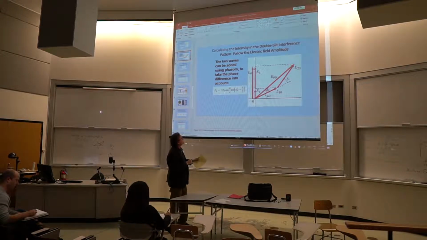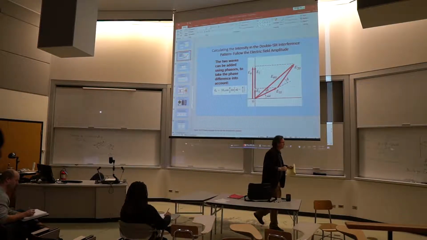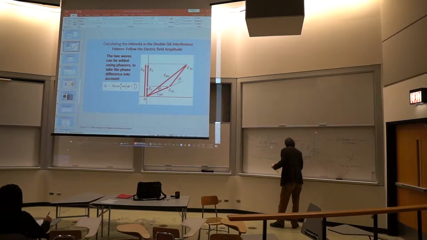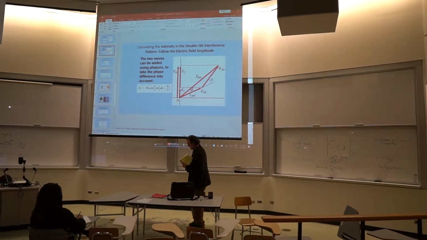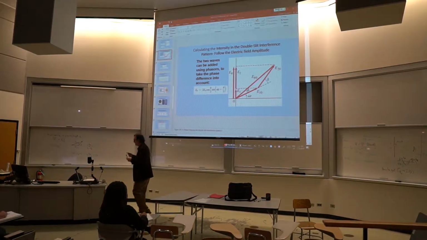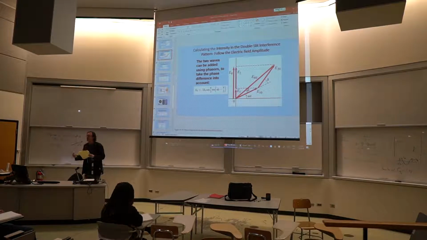What is relevant is that there are two equal length vectors that differ by an angle delta, the phase difference between the two, and that generates a change in the amplitude of the two waves added together.